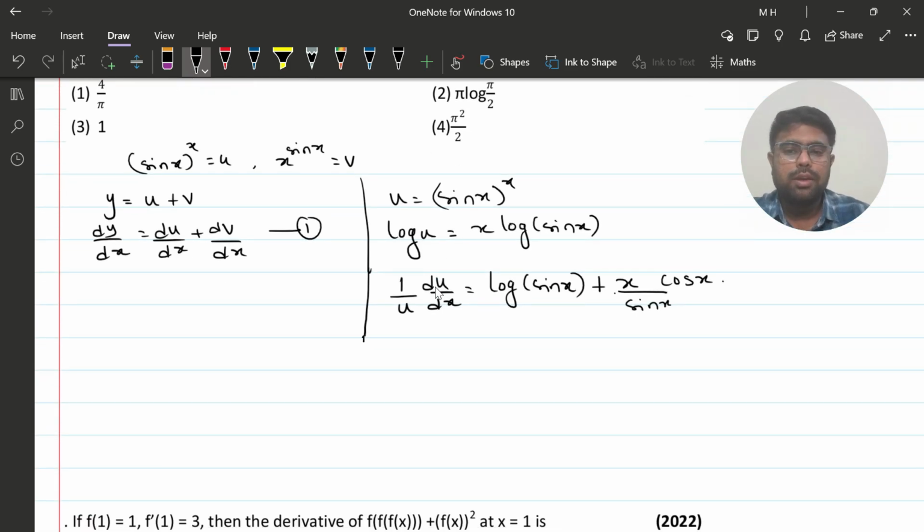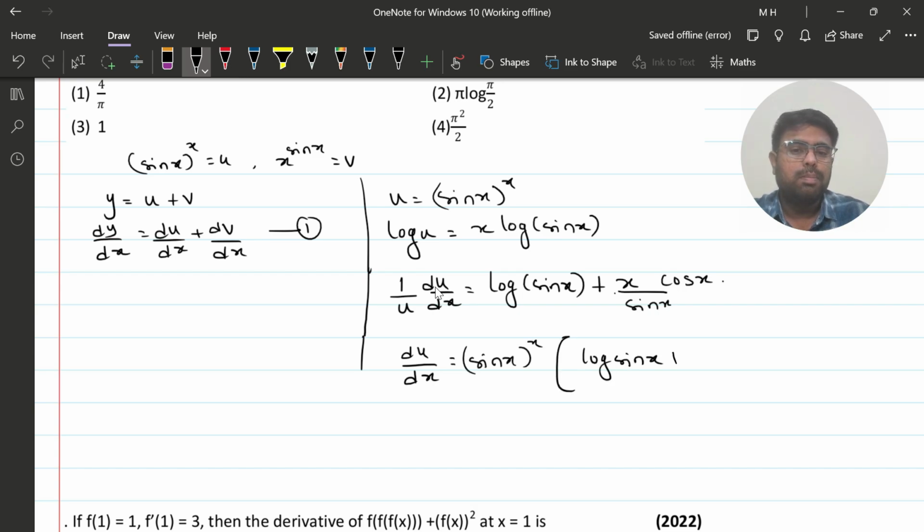So this is going to be du by dx is equal to u, because 1 by u goes to the other side as u. What is u? U is sin x raised to x. So I am just going to write sin x whole raised to x into log sin x plus x, cos x by sin x is cot x, right?